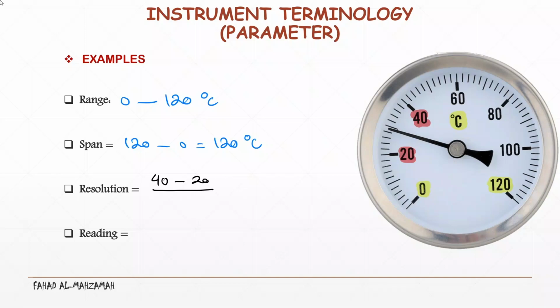So let's count. This is the first space, 2, 3, 4, 5, 6, 7, 8, 9, 10. So you have 10 divisions between 20 and 40. So do the math. 20 over 10, you will get 2 degrees Celsius.